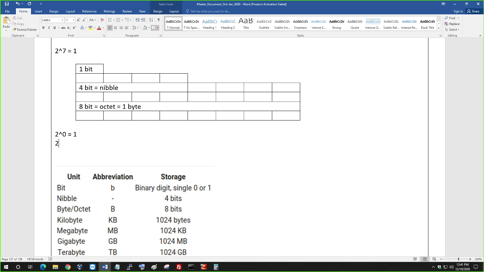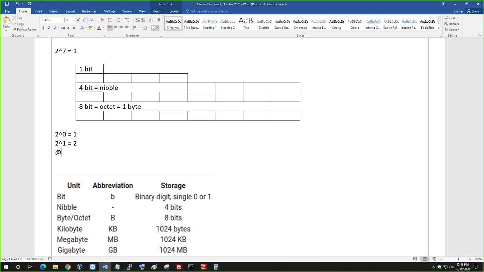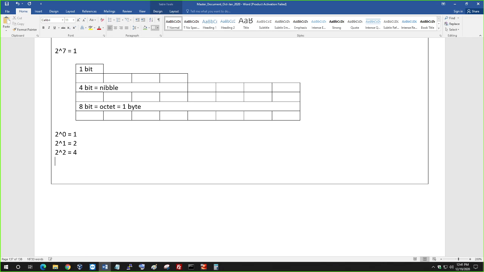So 2 to the power of 1 equals 2. Okay, so this is where we are now, and then 2 to the power of 2 is how much? 2 multiplied 2 times is equal to 4. Okay, and 2 to the power of 3 is going to be 8, right?